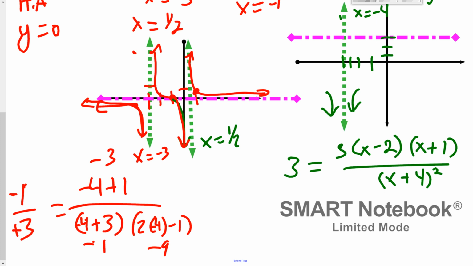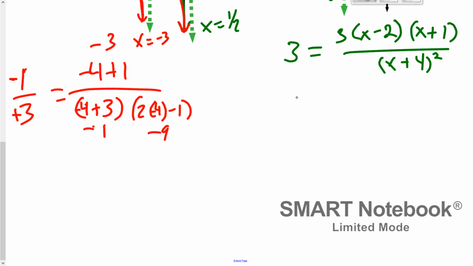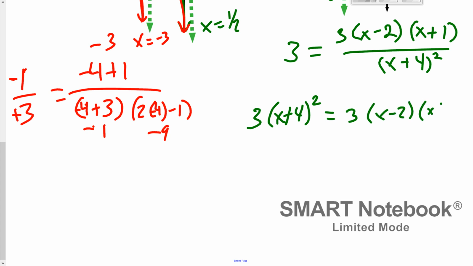Okay, so if I multiply by the denominator on both sides, we get 3 times x plus 4 quantity squared equals 3x minus 2. So I'm going to FOIL those out, so we'll get them back pretty much to where they were.